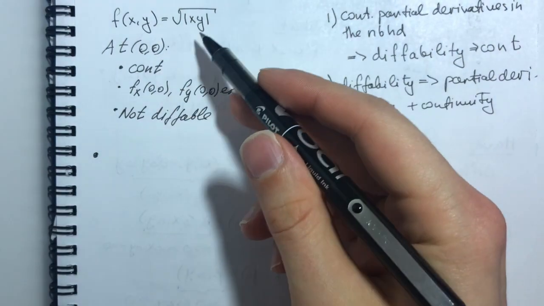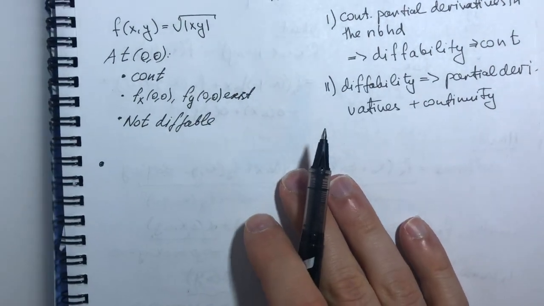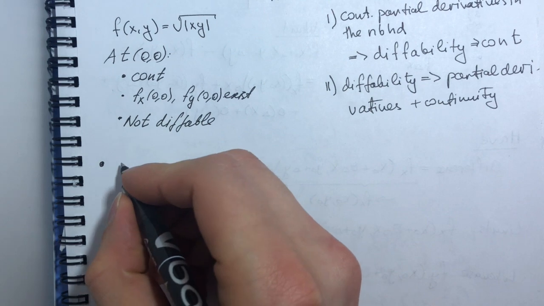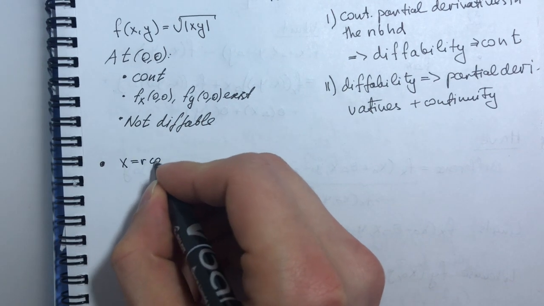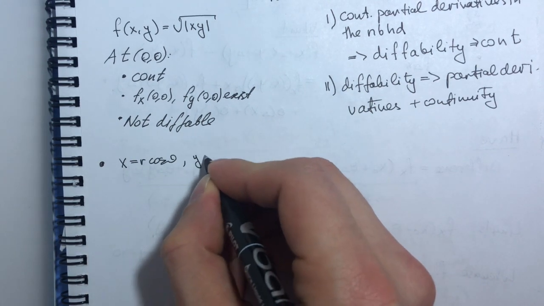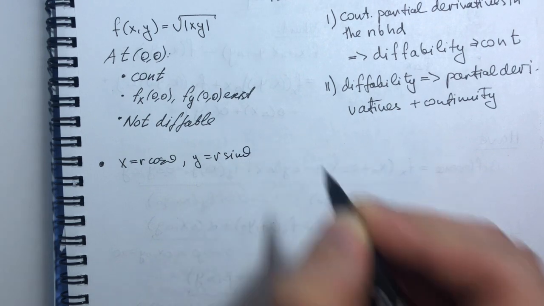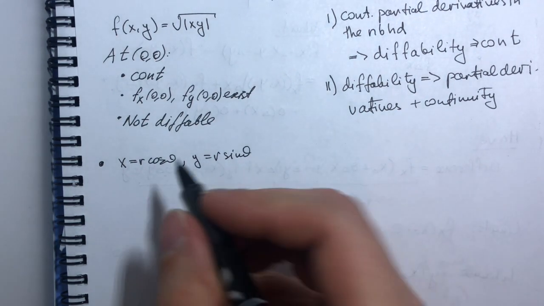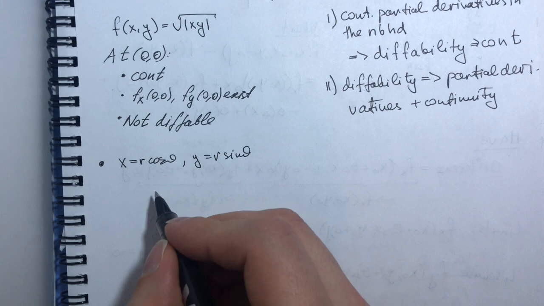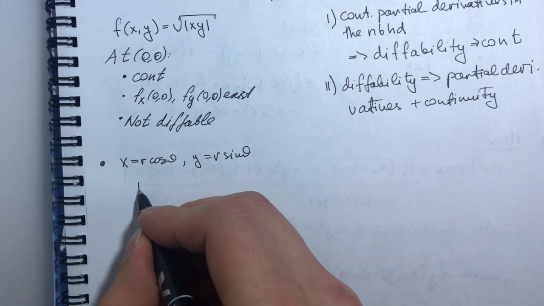So continuity is quite easy, but to be more rigorous, we can use polar coordinates and the delta epsilon definition of continuity.